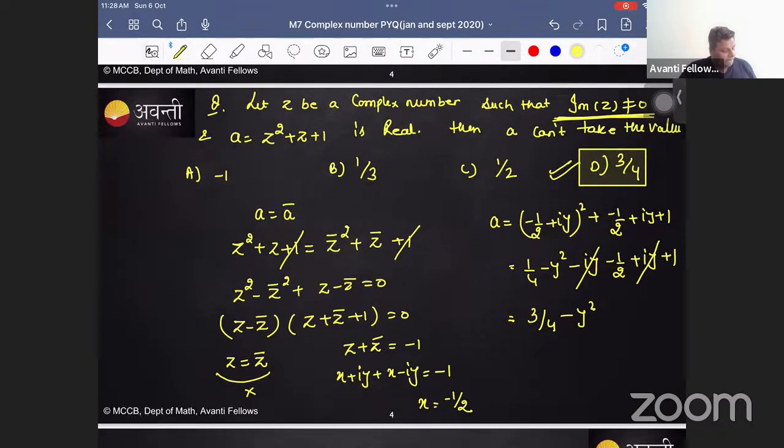Rest nobody did. Got it? And this is a good question. Very conceptual also. Fair enough?